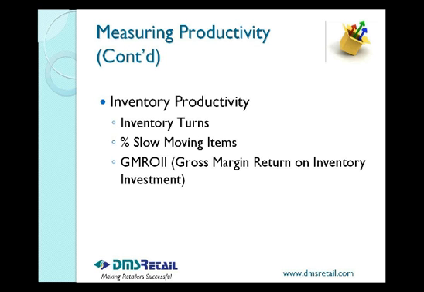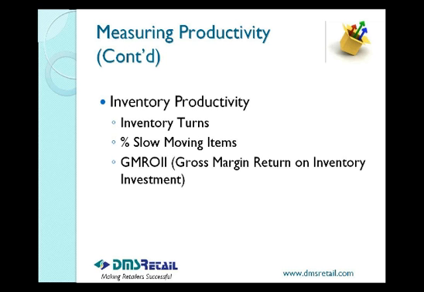So inventory turns are critically important. Percent slow-moving items in your inventory is very important. And measuring GMROI is tremendously important in terms of getting an indication of your performance and productivity.